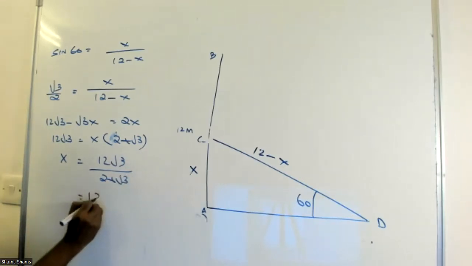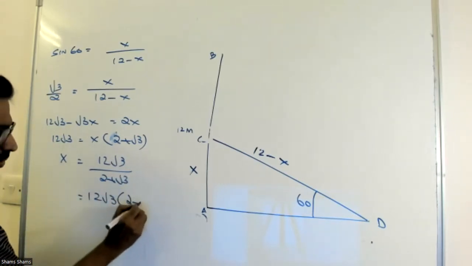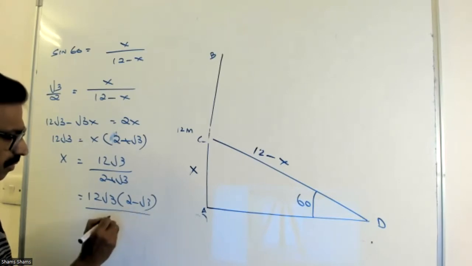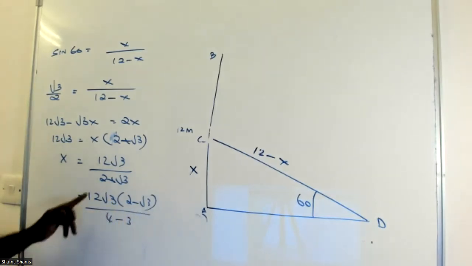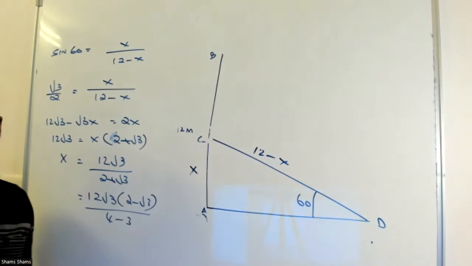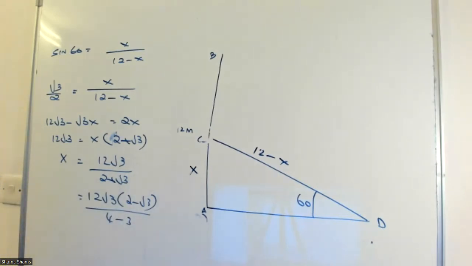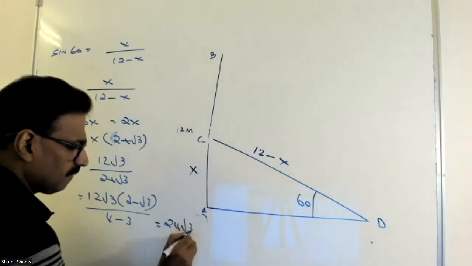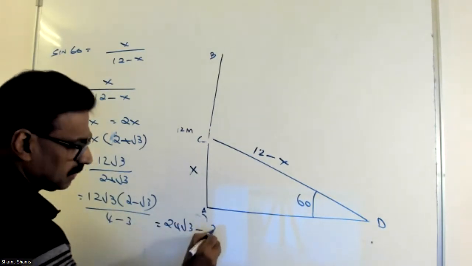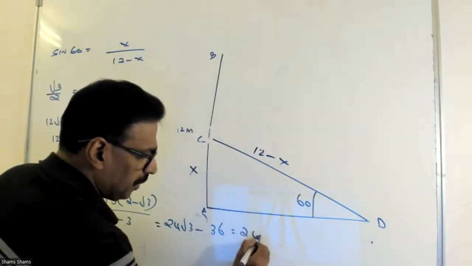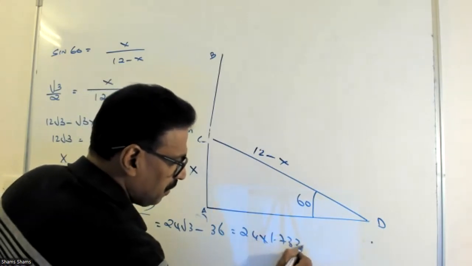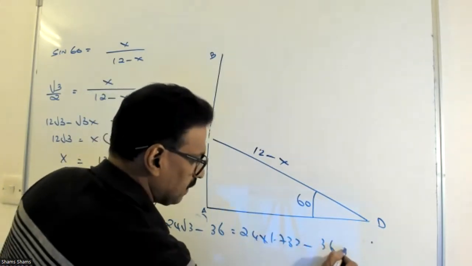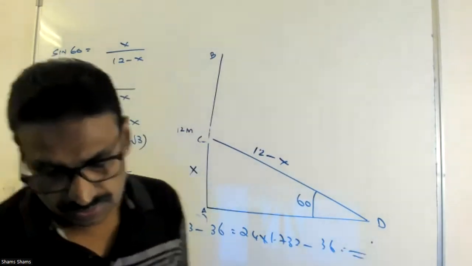Then rationalizing: 12 root 3 into 2 minus root 3 by 4 minus 3. Why 2 minus? I don't want to explain that one because you are right. 2 plus root 3 into 2 minus root 3, so that is 24 root 3 minus 36. Then 24 into 1.732 minus 36. Find this answer.